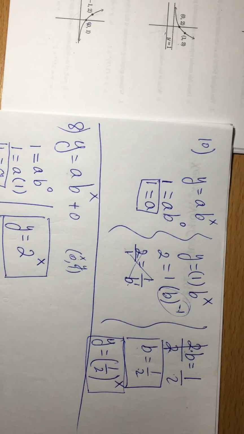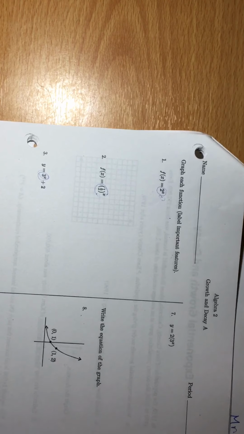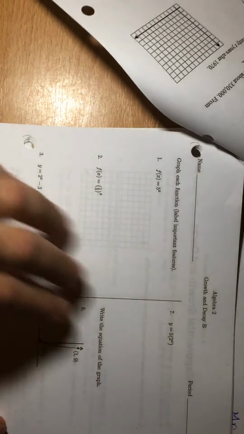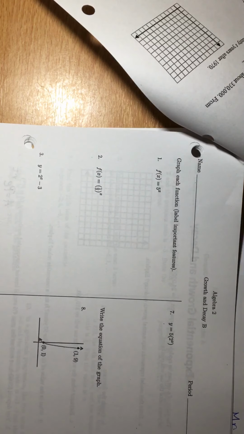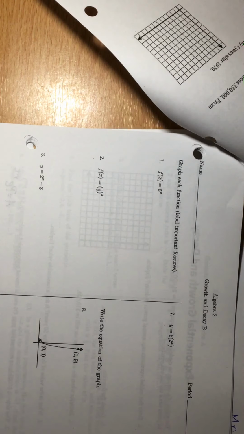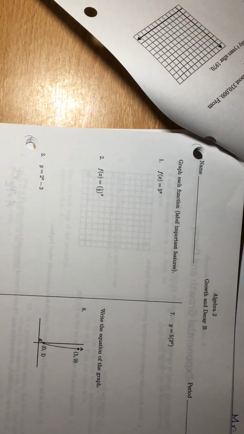So ladies and gentlemen, now we are done with all the problems in review A. Make sure you write them again. You only have to do the front side like before. And then please do growth and decay B, only the front side. But please make sure you do it nice and clean in pencil so I can see it when you upload it to Google Classroom.